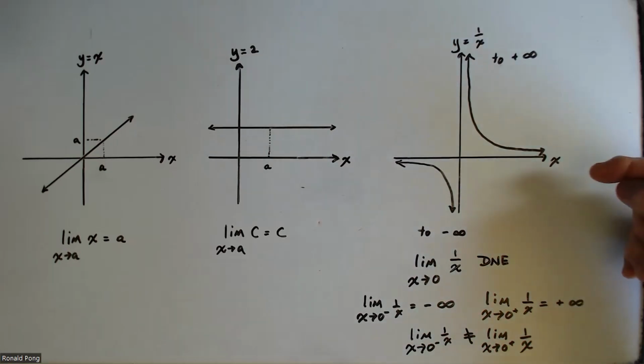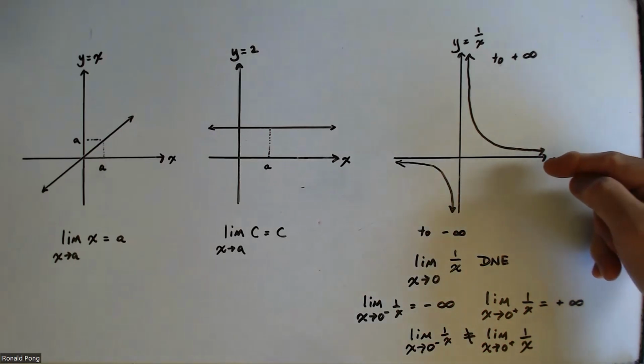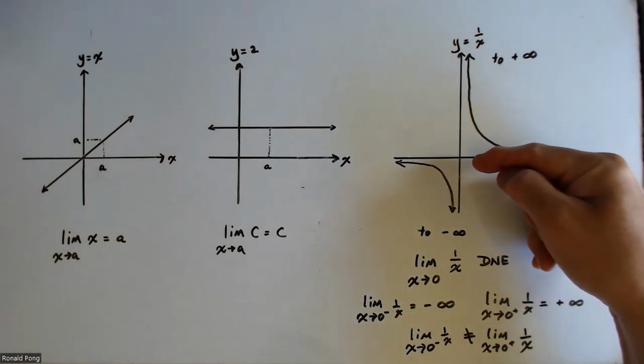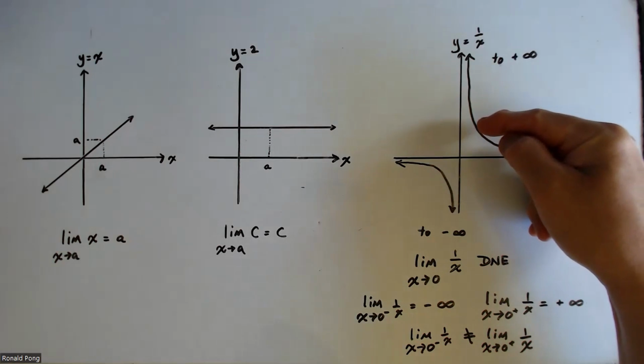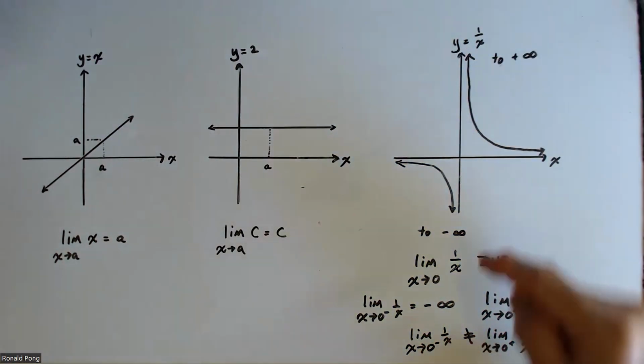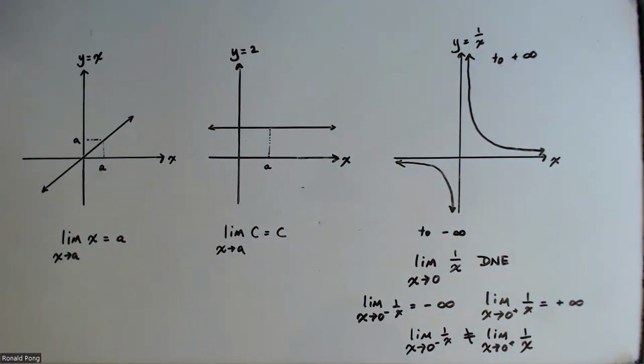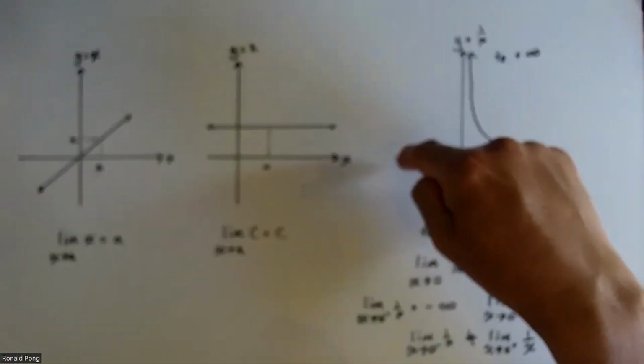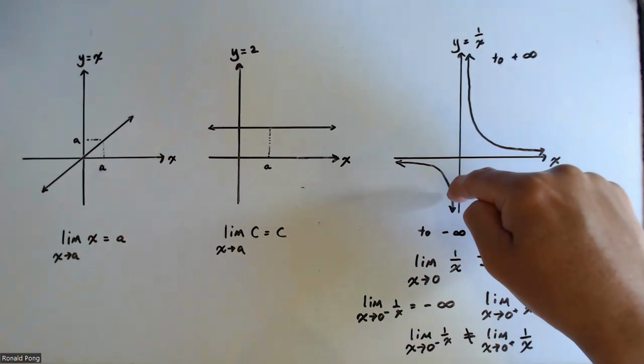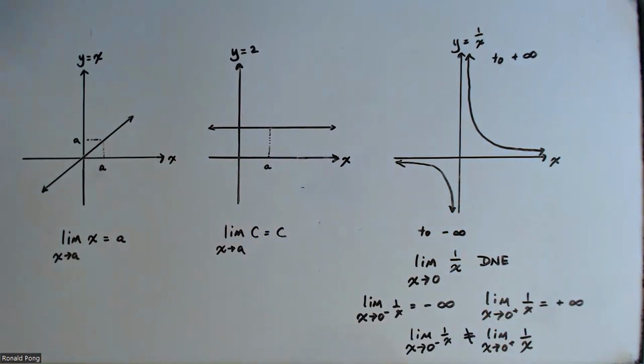Notice that the limit from the right-hand side as x approaches 0, again from the right, is heading toward that vertical asymptote, or positive infinity. Likewise, I could approach from the left, and I see that as x approaches from the left, f of x or y approaches negative infinity.